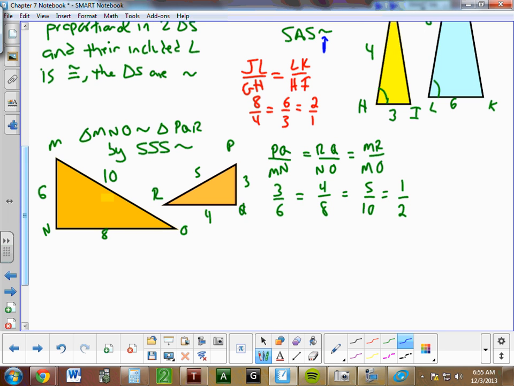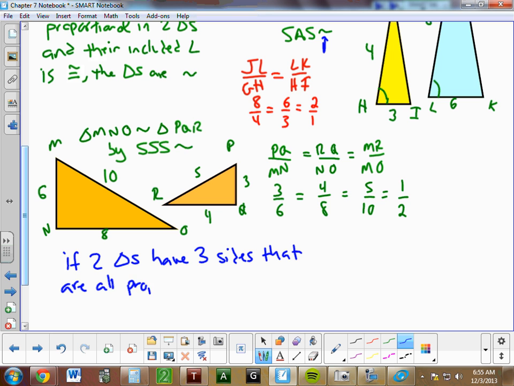You could say that if two triangles have three sides that are all proportional, they're similar.